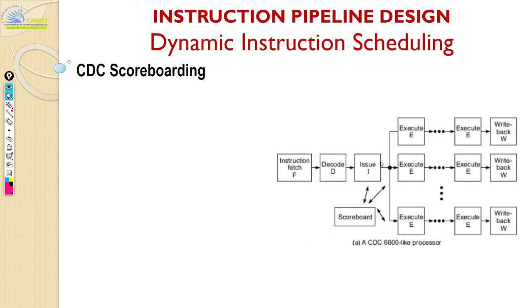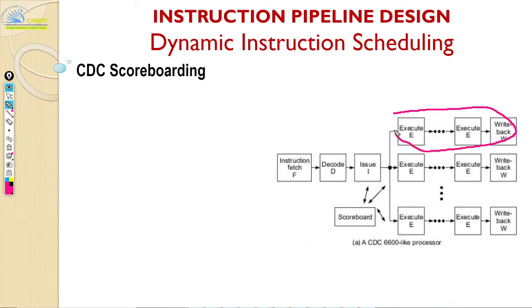The next technique is scoreboarding. In scoreboarding, the idea is that you have a centralized scoreboard, unlike Tomasulo's algorithm, where for every functional unit you had a reservation station. Here you have a common centralized scoreboard, and you have independent execution pipelines.